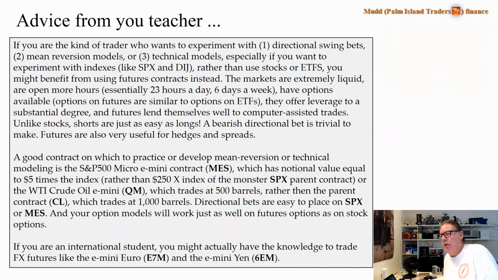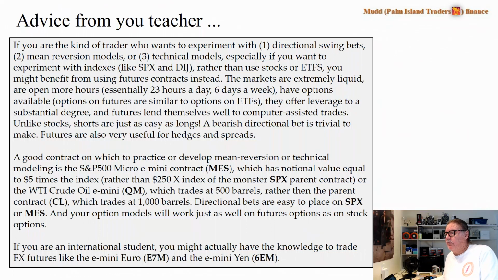As I write here, if you are the kind of trader who wants to experiment with directional swing bets, mean reversion models, or technical models, especially if you want to experiment with indexes like SPX and DJI, rather than use stocks or ETFs like SPY and DIA, you might benefit from using futures contracts instead.